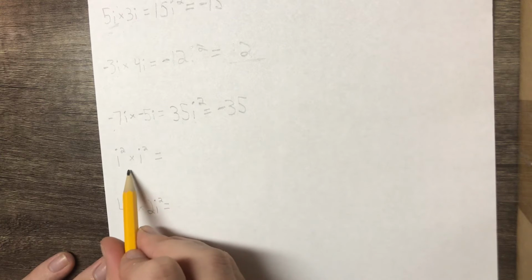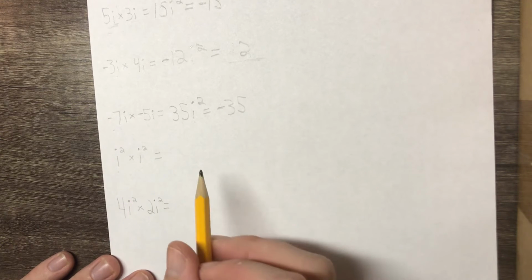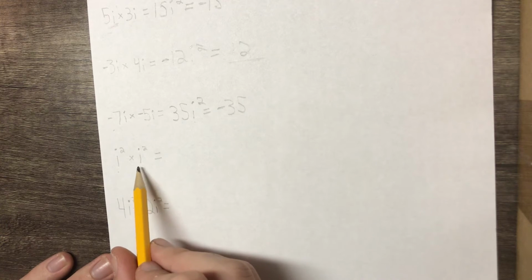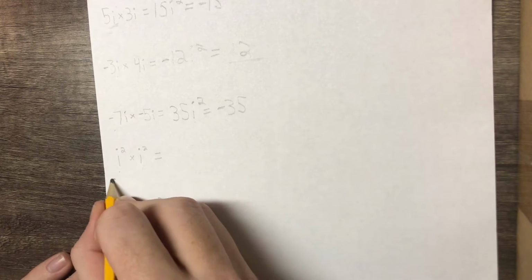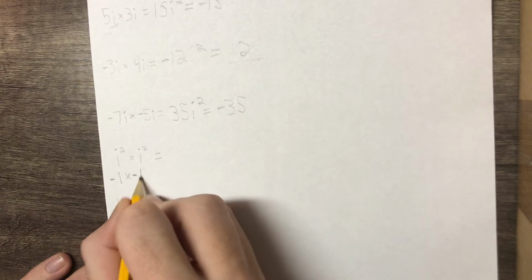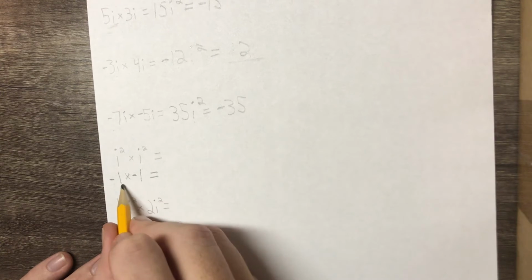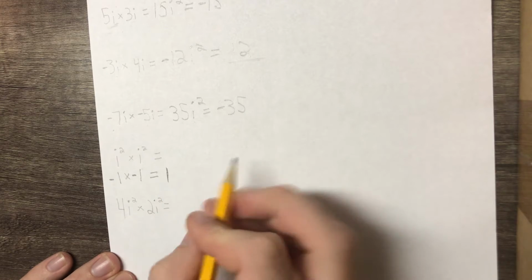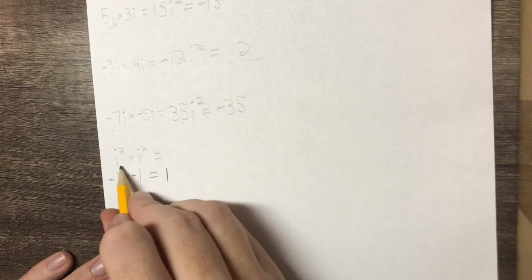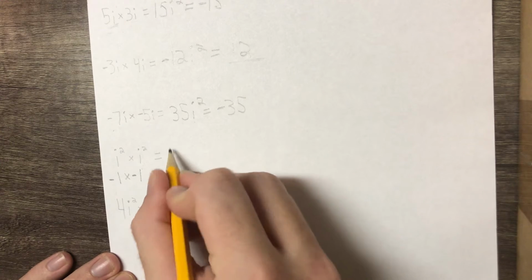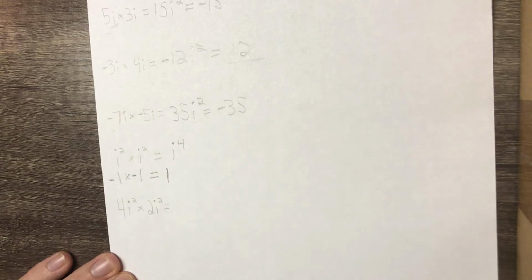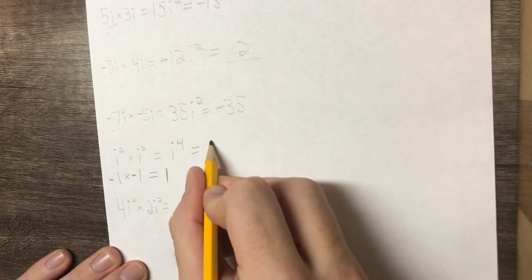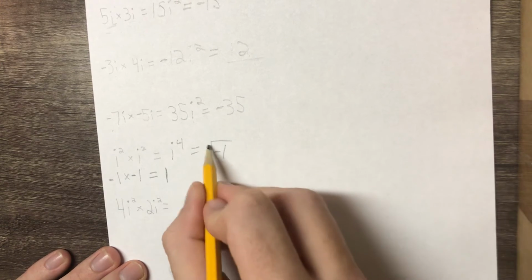Here's a little bit of a different one. We got i squared times i squared. I would recommend when you see something like this to instantly change this to -1 times -1, and this will get you +1. But if you want to stay at it, you could say i squared times i squared is i to the 4th. Remember, i equals the square root of -1.